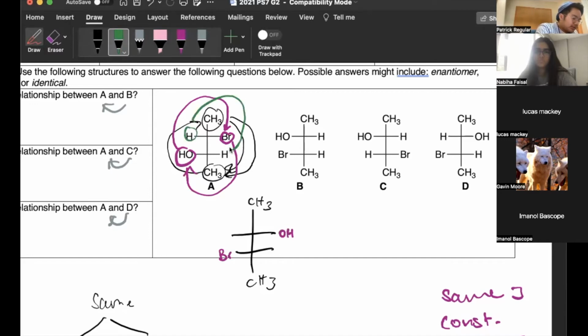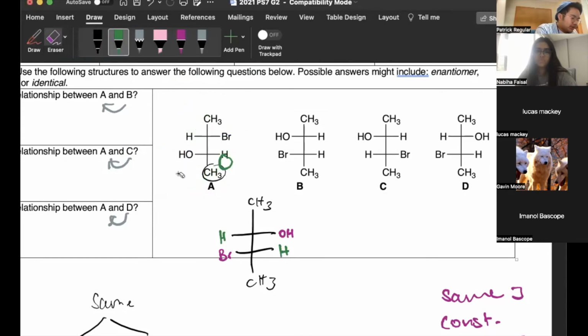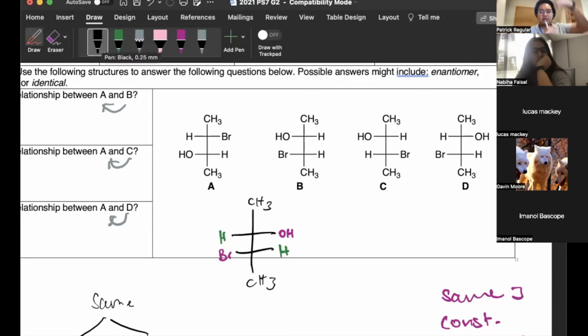Then the H is here, and that H here. So if I erase all these arrows, do you see how I basically just took A and rotated it while it's on the page? That's completely acceptable. And what do you know? That's what D is. It matches up.